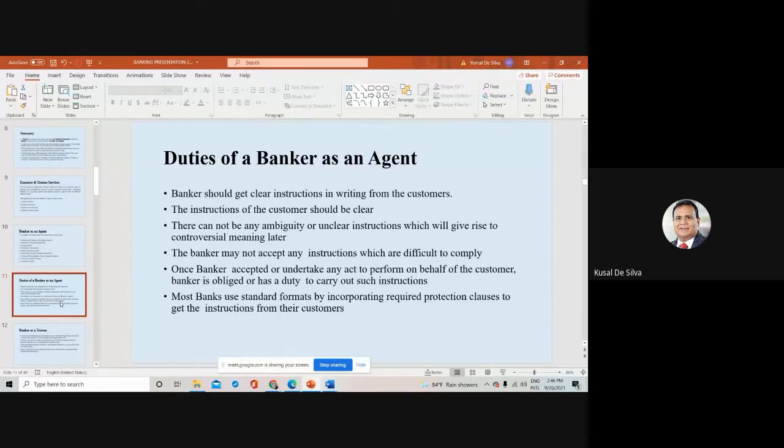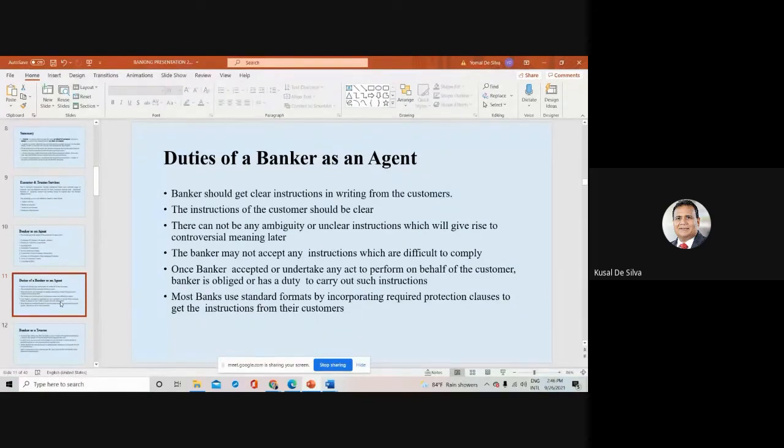Then once the bank has accepted or undertaken any act to perform on behalf of the customer, the bank is obliged, or has a duty, to carry out such instruction. So once you commit, you can't say no. There should be a valid reason, for example, if after you accepted, the country's law has changed or a new regulation comes, then you have a defense.